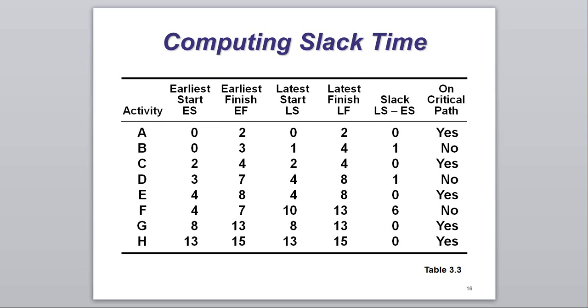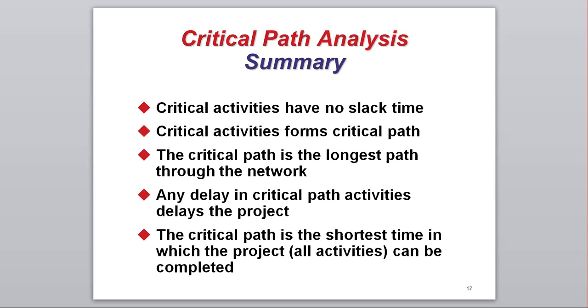To compute the slack time for every activity, you can simply use the latest start time minus the early start time, or the latest finish time minus the earliest finish time. This table shows whether the activities are on the critical path or not. Those activities on the critical path have a slack time of 0.